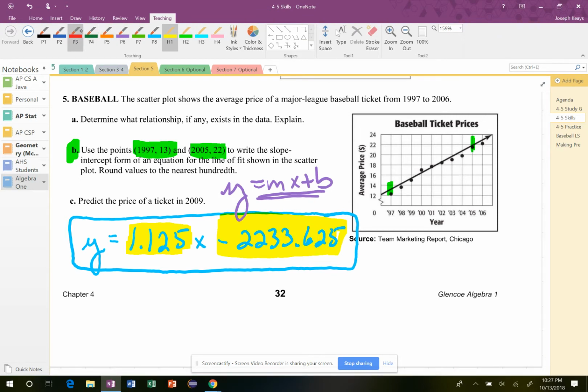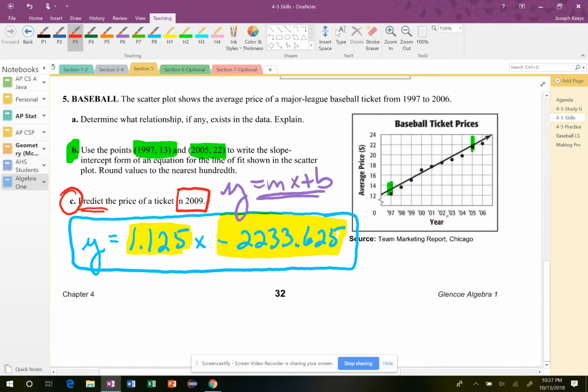So how does this work? Well, the last skill wants us to predict the price of a ticket in 2009. So how do we connect this line of best fit with making predictions in some arbitrary year like 2009? They could have said 2020 or 2005 or 2002, or in this case, they said 2009.